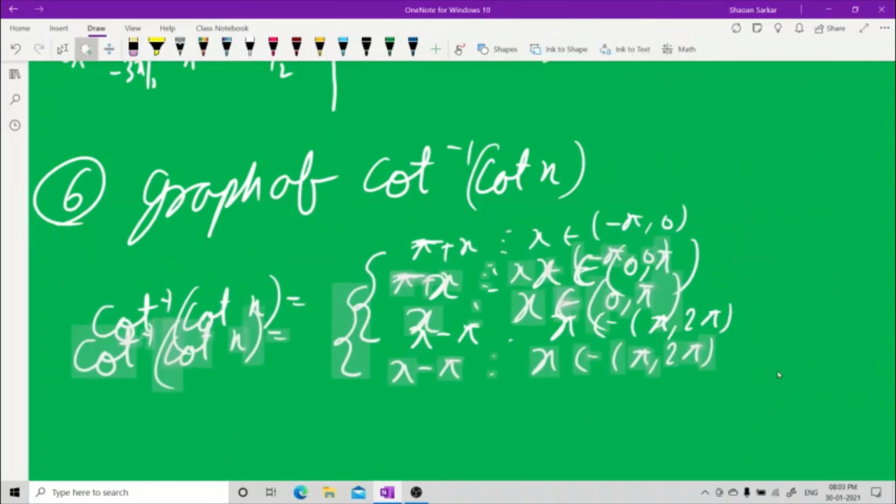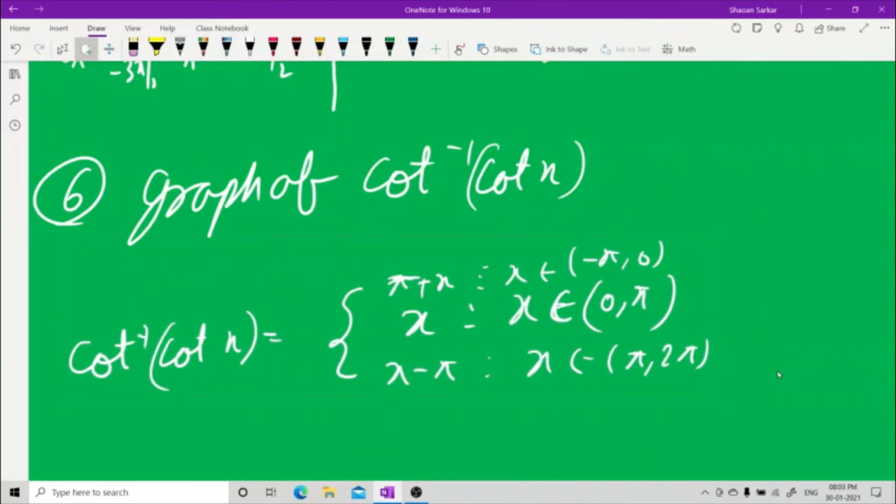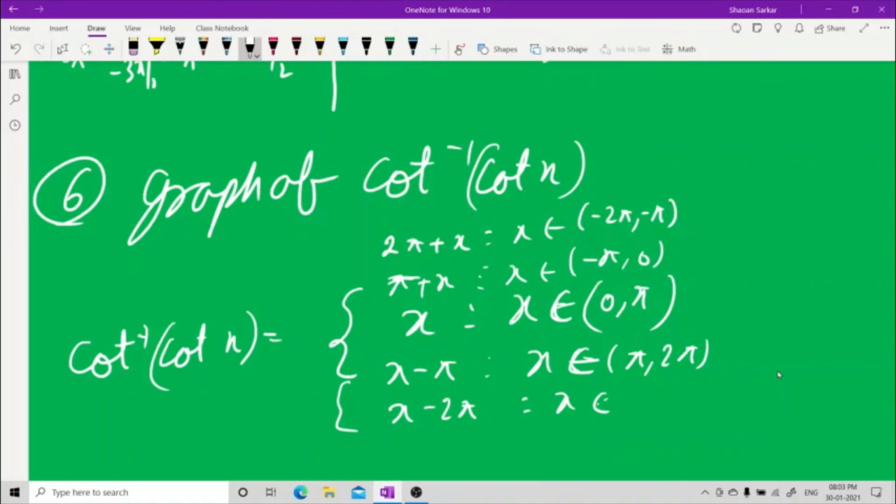Okay, that does the job. Now this will be 2 pi plus x for x belonging to minus 2 pi to minus pi, and here it will be x minus 2 pi for x belonging to 2 pi to 3 pi.